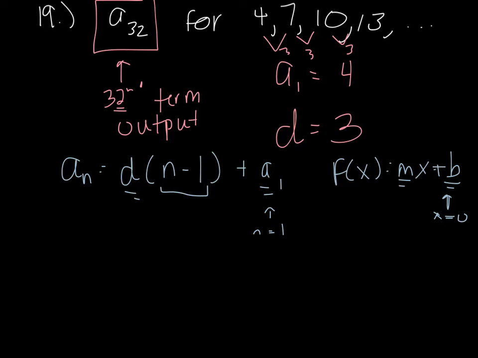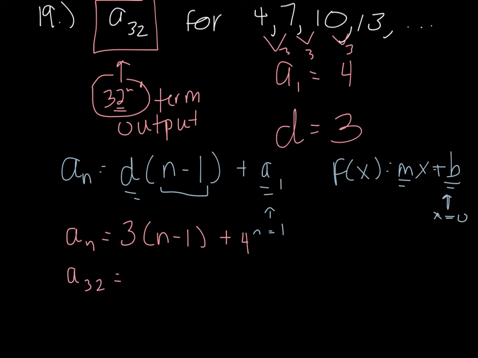So we fill in the values that we just found out. So d we found out was 3 and a sub 1 we found out was 4. So our explicit formula is a sub n equals 3 times n minus 1 plus 4, my initial value. Then to find out the 32nd term, a sub 32, I'm going to replace n with 32.